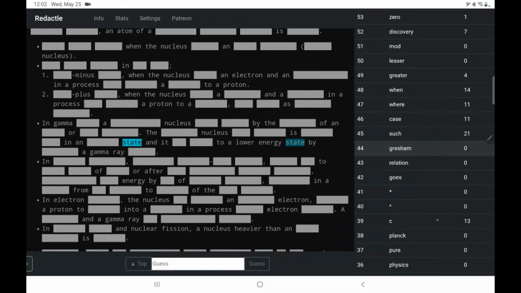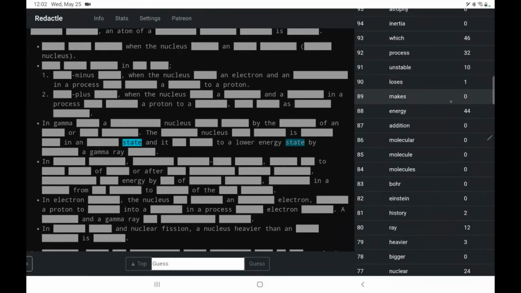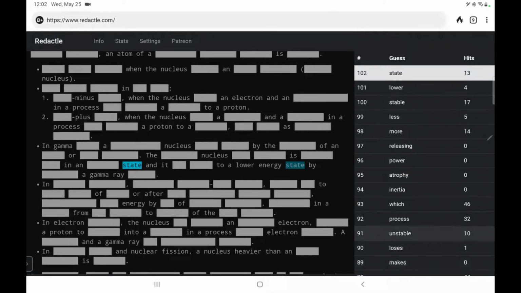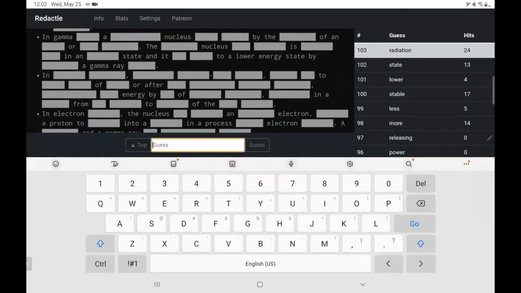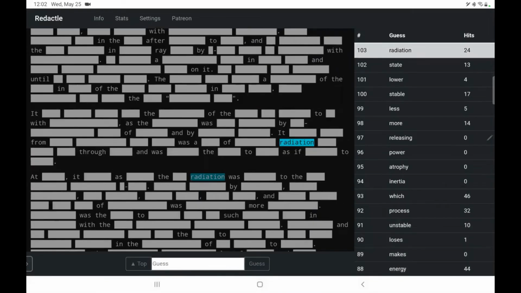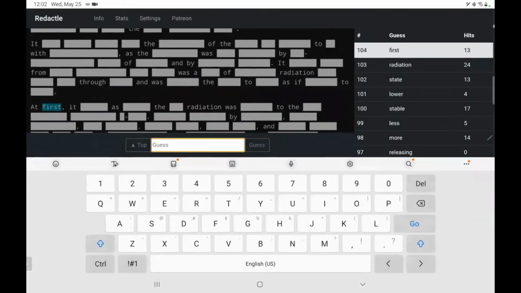I don't think it would fit in there anyway. Oh no, maybe I haven't done radiation. Am I just missing it? Radiation? That looks, oh, I usually start with the word first. I didn't today, but there we go.